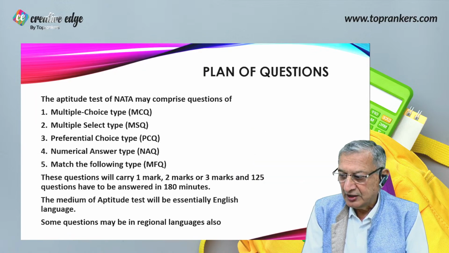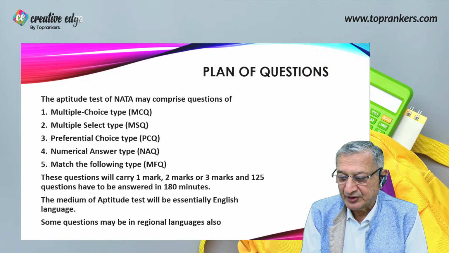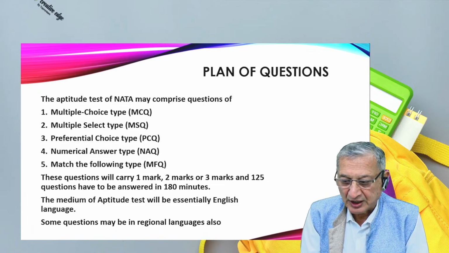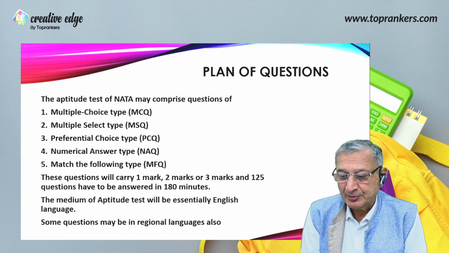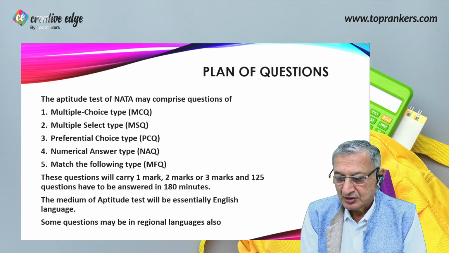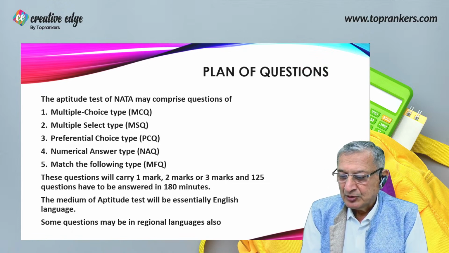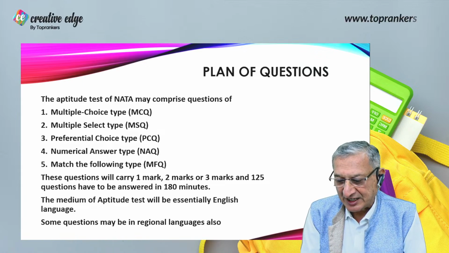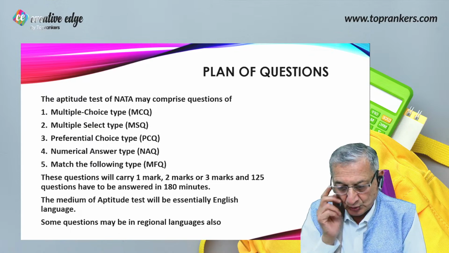Friends, how do they plan their questions? The aptitude test of NATA, that is the National Aptitude Test for Architecture, may comprise questions of multiple choice type. Then multiple select questions. Thirdly, preferential type, choice type. Fourthly, numerical answer type. Match the following type MFQs.